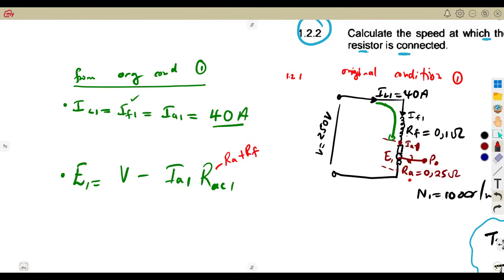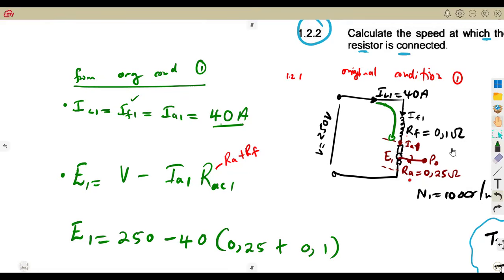Remember your series consideration. So E1 is going to be calculated as V, 250, minus armature current 1, which is also 40, into these resistances added together: RA 0.25 and RF 0.1, the resistance of the armature circuit.